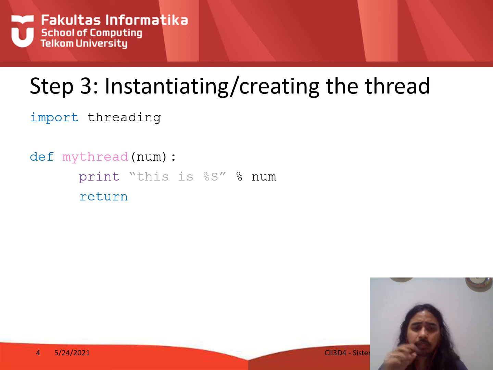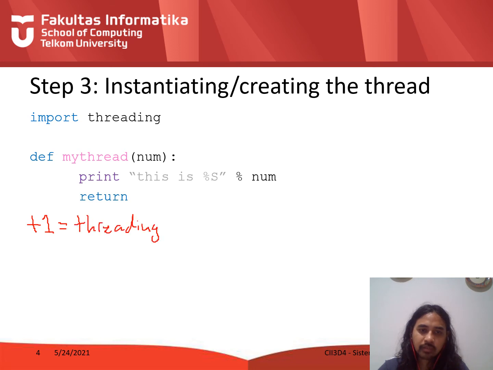In step 3, we want to instantiate, or create, the thread that we have defined earlier. In our example, we want to make two threads with the same definition, and we can do that. Write down the first thread, we will call it T1, and T1 equals threading.Thread, where threading is the library and Thread is the command to create a thread.